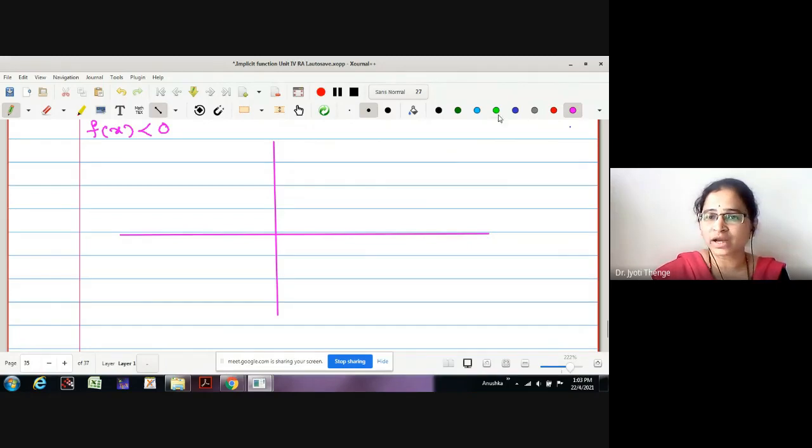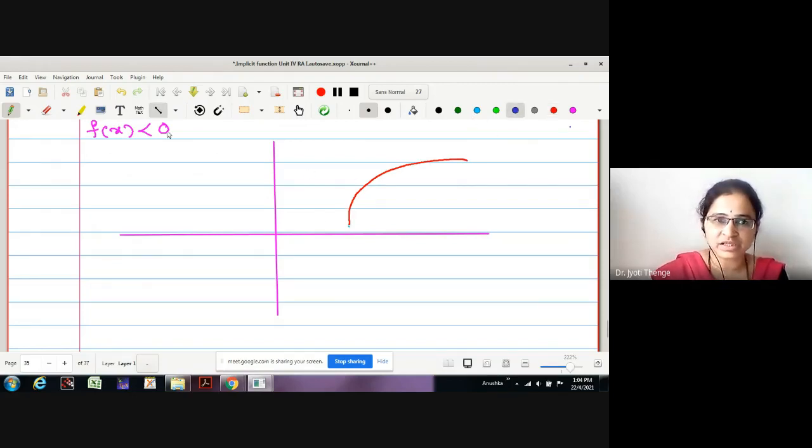Now look at the curve of this type. This is the curve. Now let us draw the tangent at every point. At this point, it is difficult. Okay, now let us draw the tangent at the points.